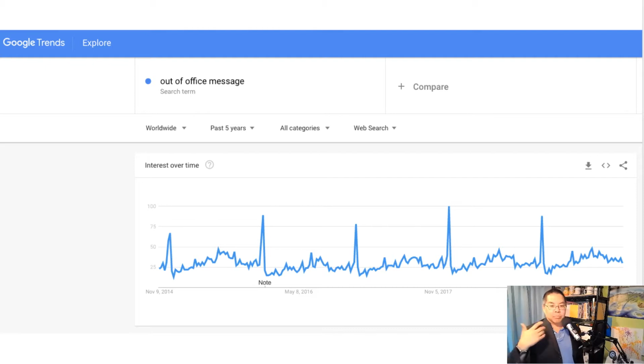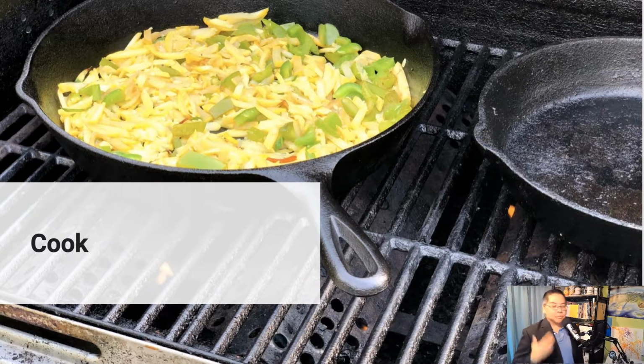So this is our preparation. We need to get this data out of search engines, maybe some of our social media monitoring tools, maybe Google Trends, wherever it is we get numbers with dates attached to them, about the behavior that we're interested in. That's the preparation stage. Now, we got to cook.